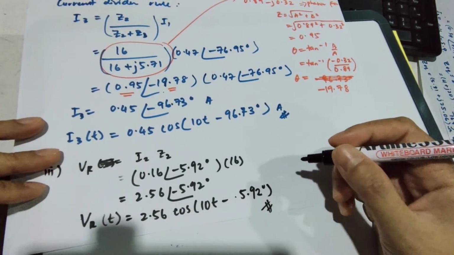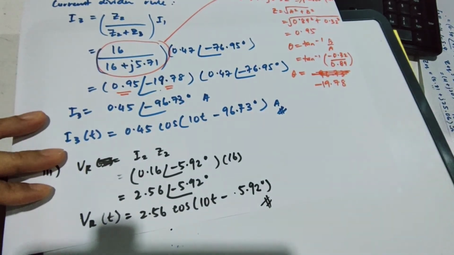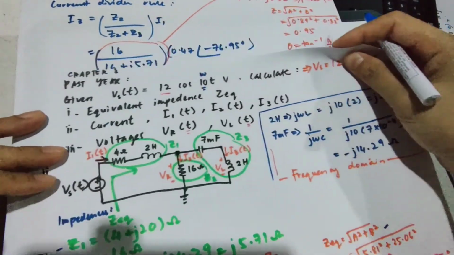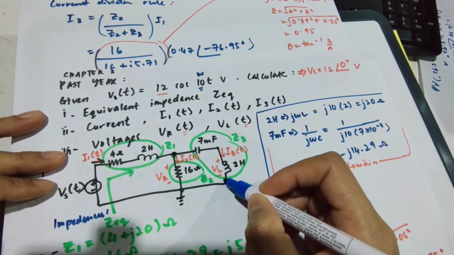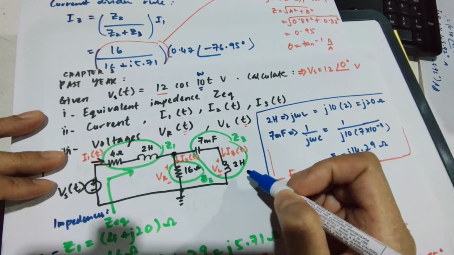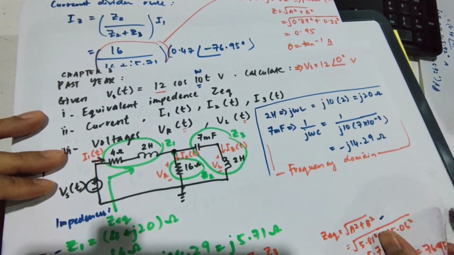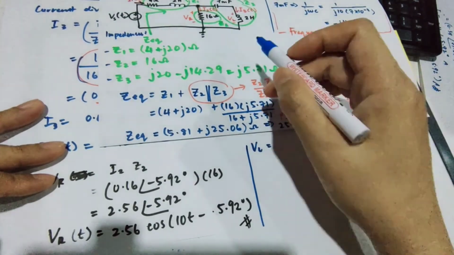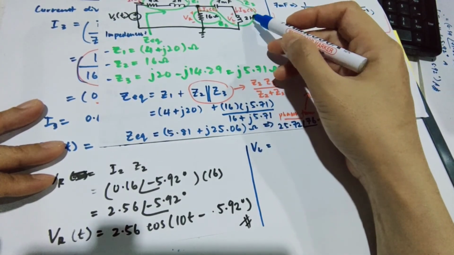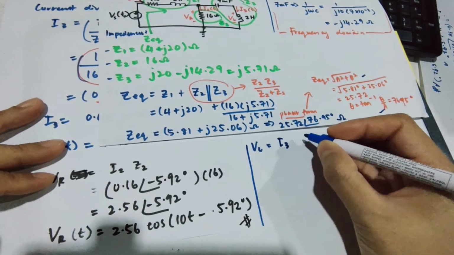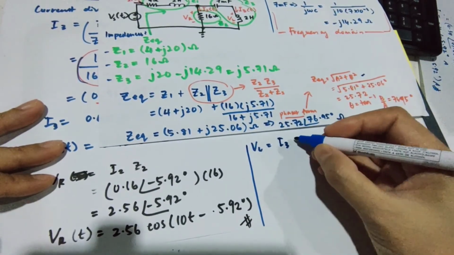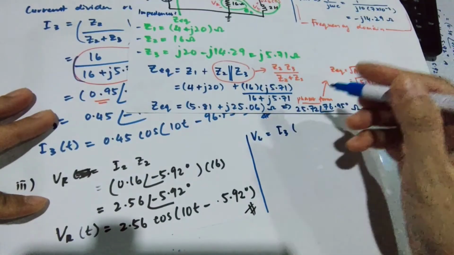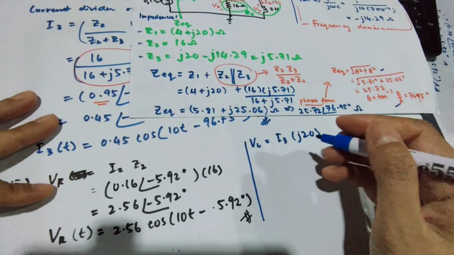Manakah dia? VL pula kita dapat. Here is VL sama adik. Using also I3 darab dengan 2 Henry. 2 Henry kita dah tukar tadi J20. So VL here pada 2 Henry, I dia ialah I3, and the 2 Henry just now we have changed to J20.